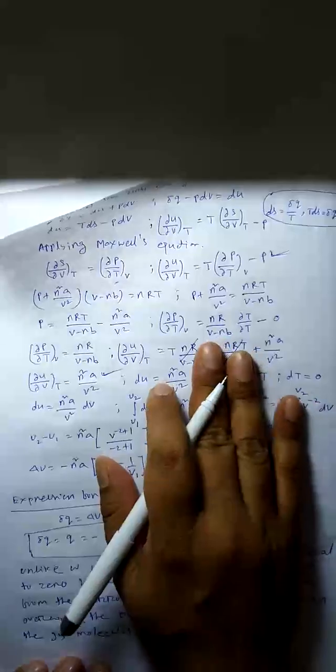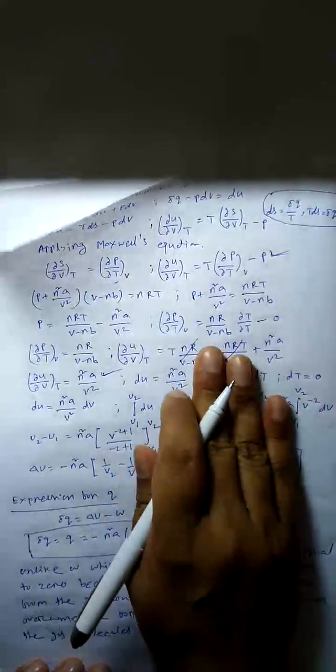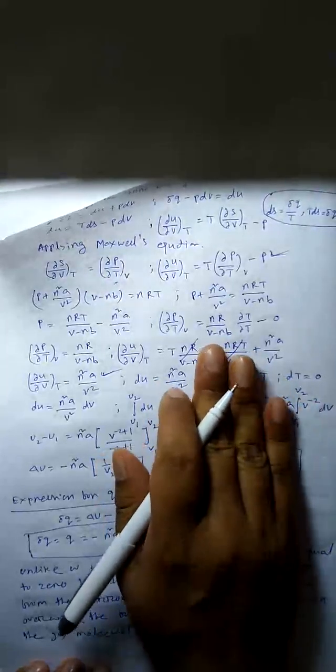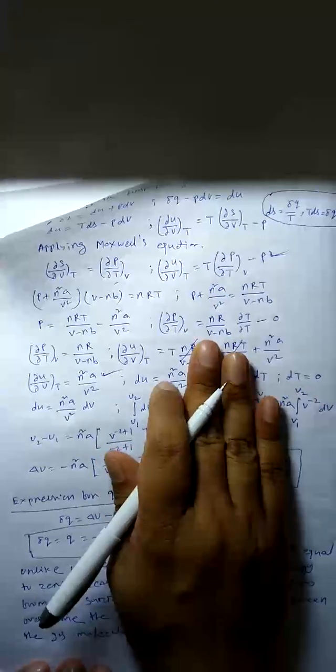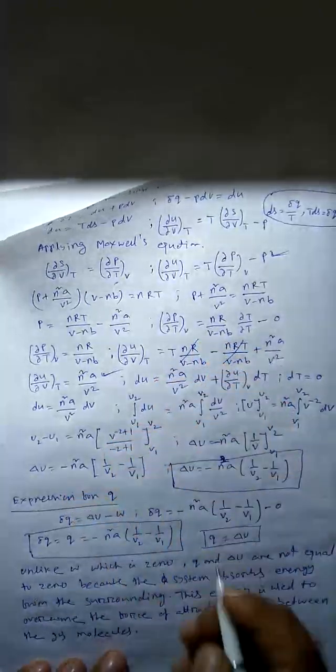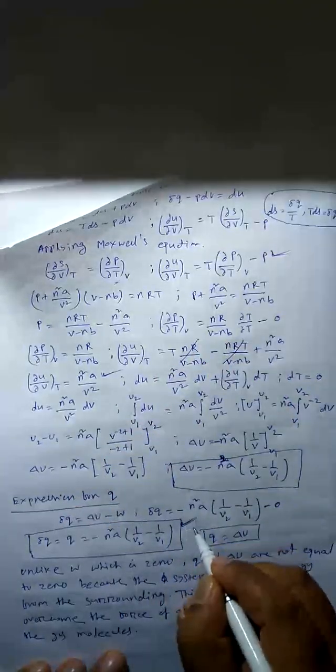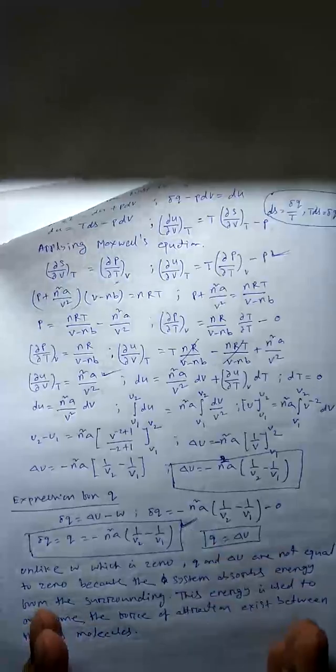Because these are van der Waals gases. Van der Waals means force of attraction between the gas molecules exists, and the volume of the gas molecule is not neglected. But when this amount of energy is absorbed, it is used to overcome the force of attraction between the gas molecules.